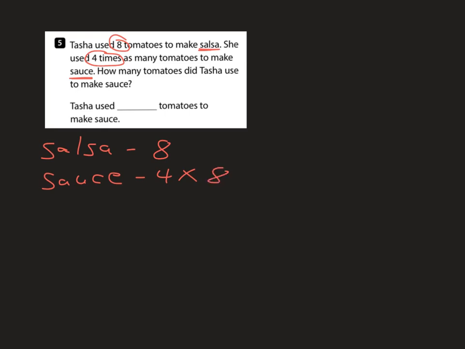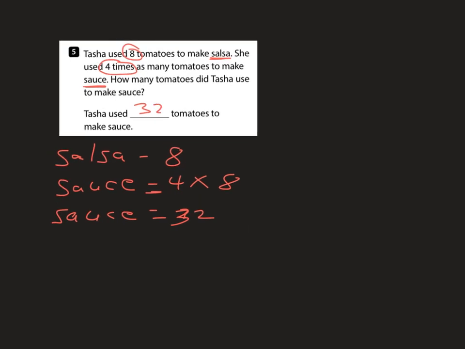So here's our variable, which is the word sauce, and here's our equation. Let's put our equal sign here. So let's go ahead and solve this. Sauce equals 32. So 32 tomatoes to make her sauce.